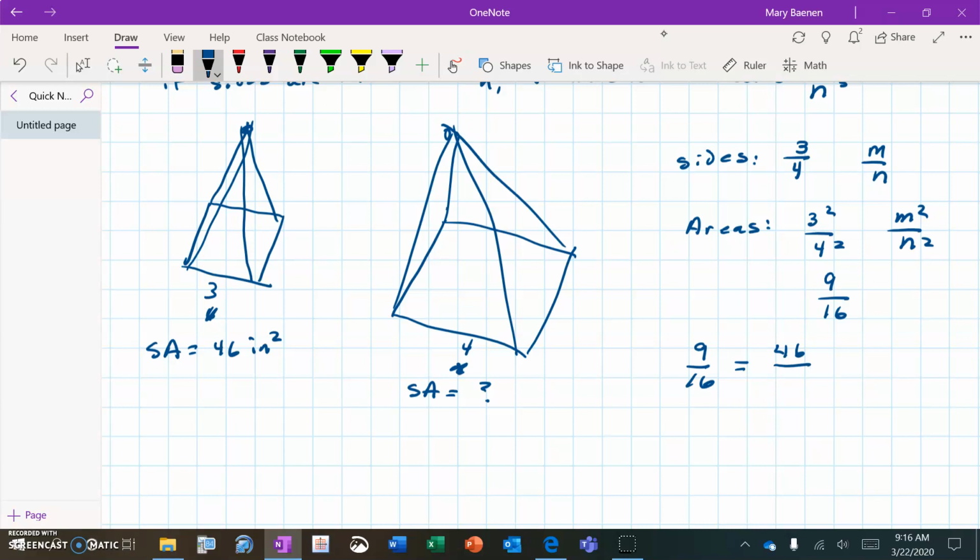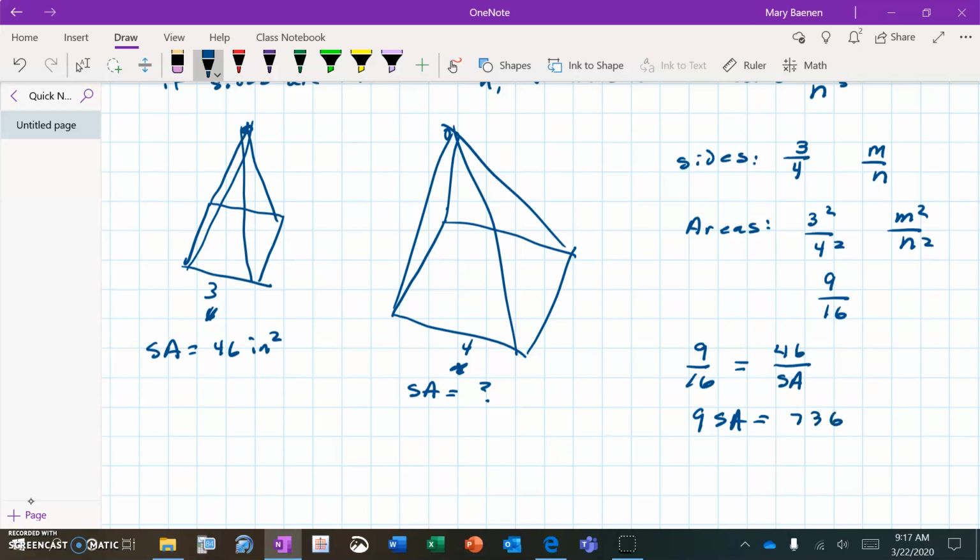And the surface area of the larger one, I do not know. So when I cross multiply, I get... I stopped there because I went to get my calculator, but I'm back. So now I have 9 times the surface area is equal to 736.